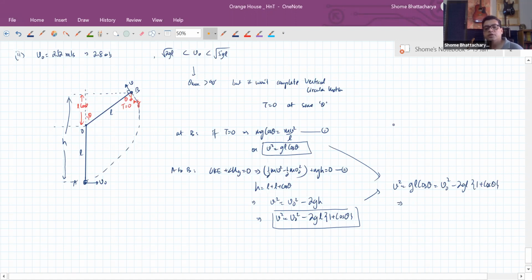So L was 0.2, so GL is, so 2 cos theta is this.